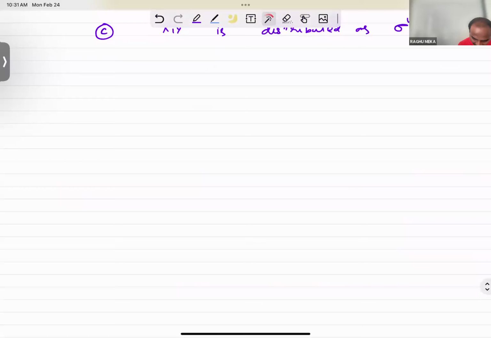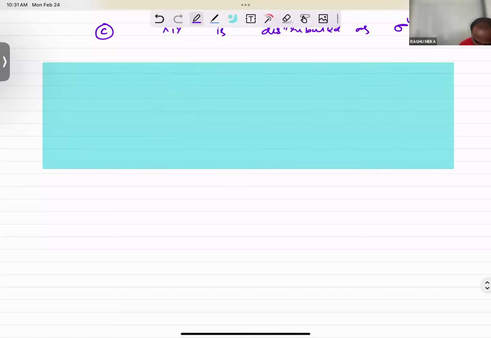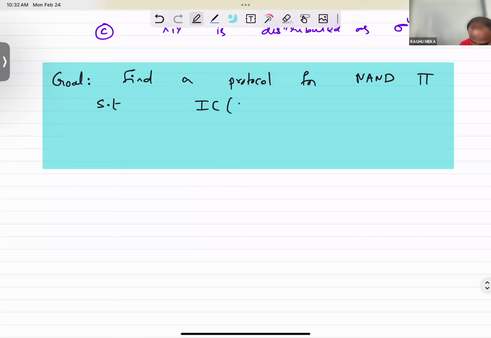Okay, so let's go back. Our goal: find a protocol for NAND, let's say pi, such that its information cost is small.